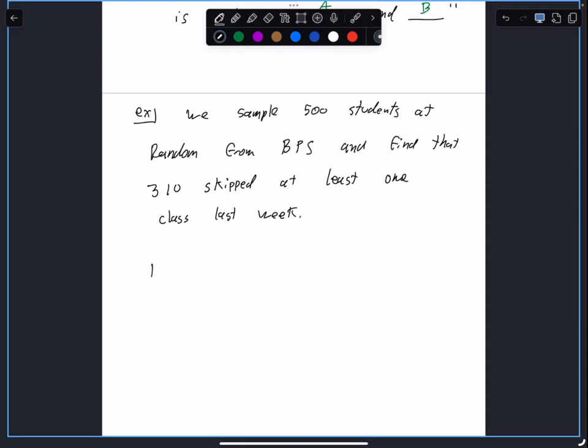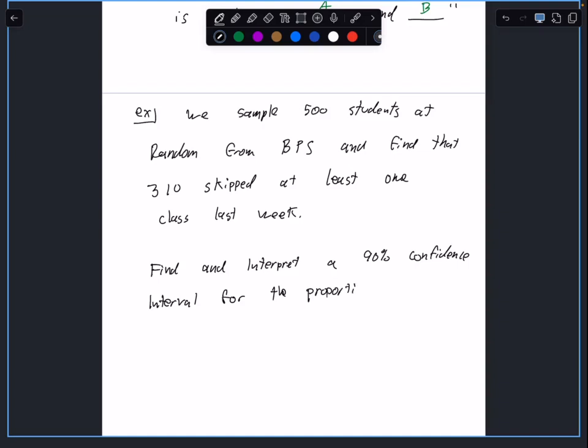Okay. Find and interpret a 90% confidence interval for the true, and like I said, I say true, but I'm not going to write the word true, but it's like the true proportion, the proportion of BPS students who skip at least one class a week.